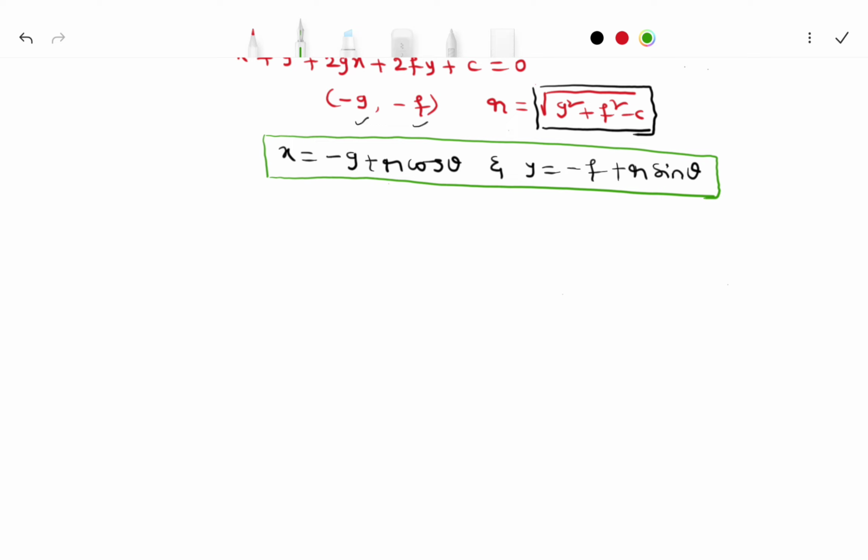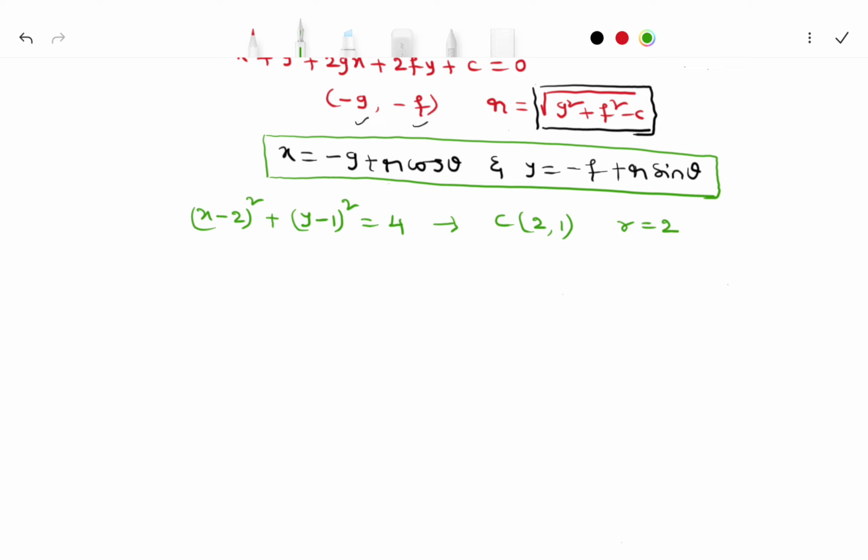If the circle equation is (x minus 2) whole squared plus (y minus 1) whole squared equals 4, then what is the center? The center is (2, 1). And what is the radius? r equals 2.